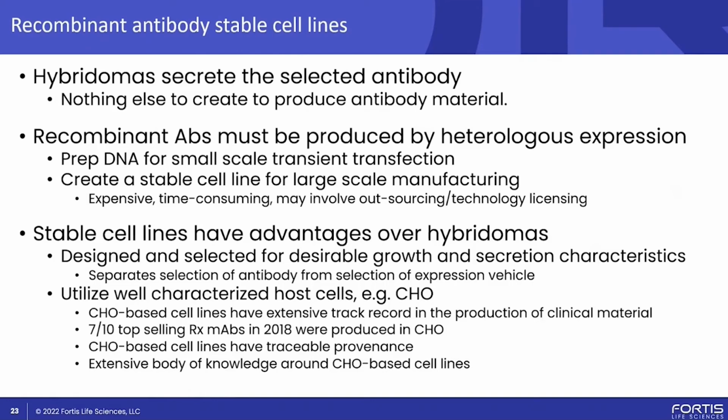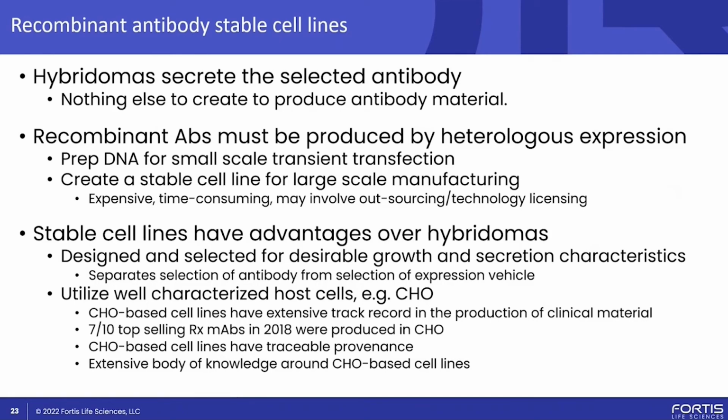Recombinant antibodies, on the other hand, require a heterologous expression system. For small-scale transient expression, that involves preparing DNA in the amount needed for that scale of transfection. For larger scales, we would make a stable cell line. Those are expensive to make. It takes between 3 to 6 months to make them.